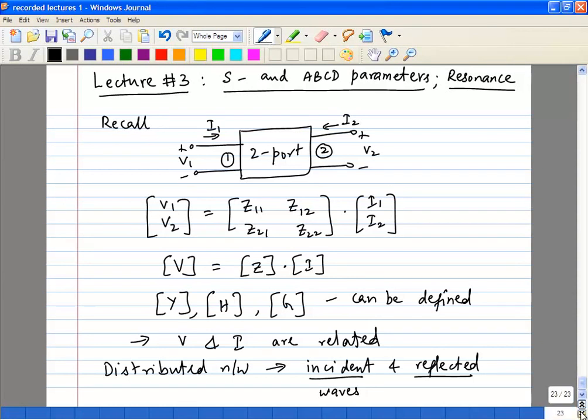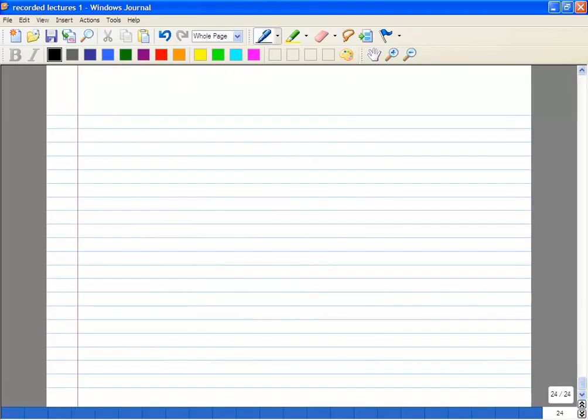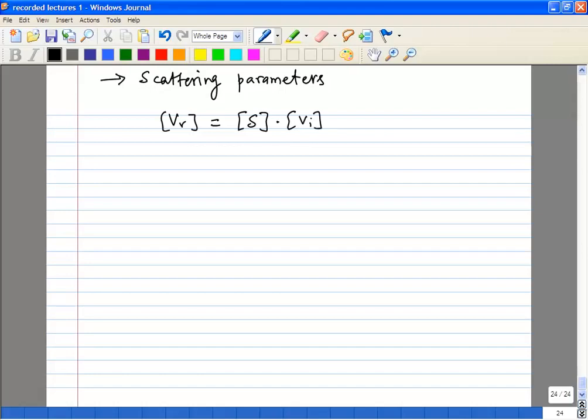This naturally gives rise to what are called scattering parameters. So the relationship is the reflected waves, in this case voltages, represented by a matrix VR, equals the product of the S matrix and the incident voltages.